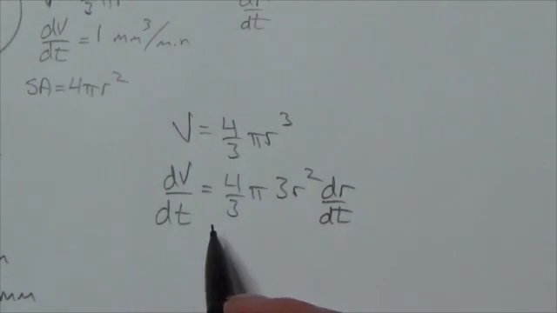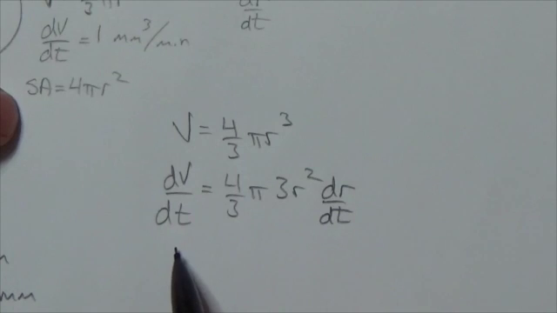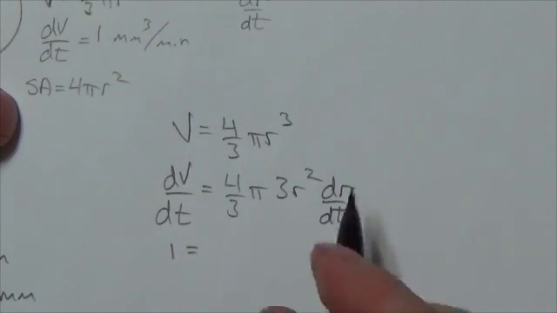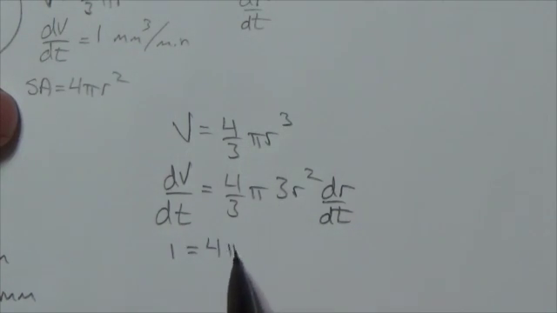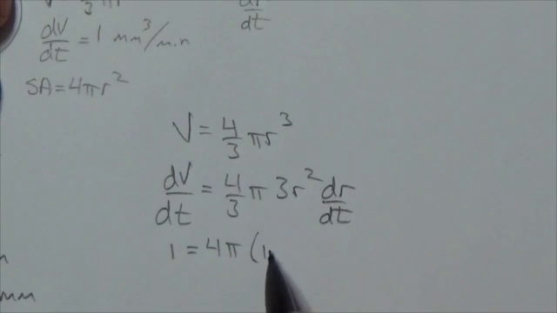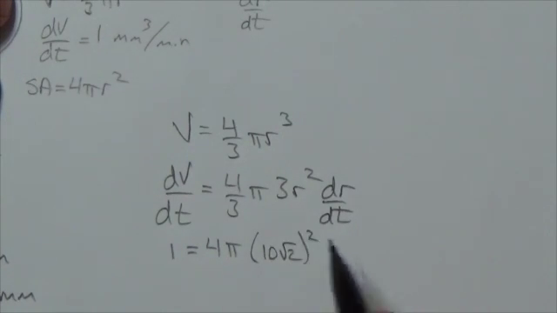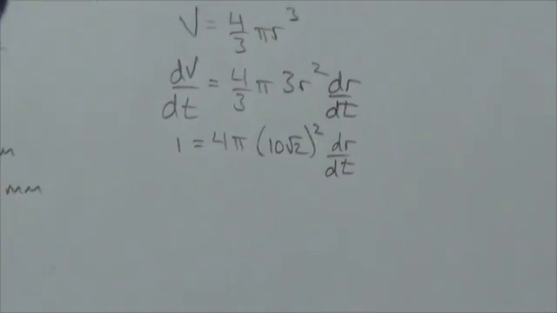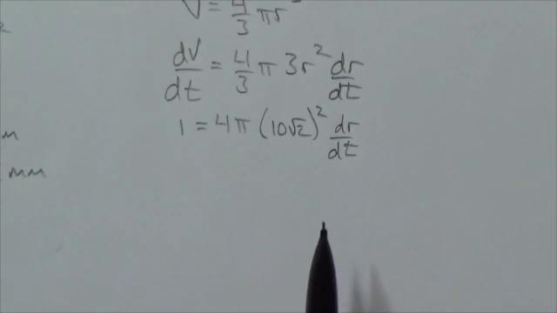Now I'm going to plug in the stuff that I know. I know that dv by dt is 1. The 3s are going to cancel here. This will be 4 pi, my radius was 10 root 2, and this will be squared, and then multiplied by dr by dt. And dr by dt is what I'm looking for. So now I'm going to bring this all over here.